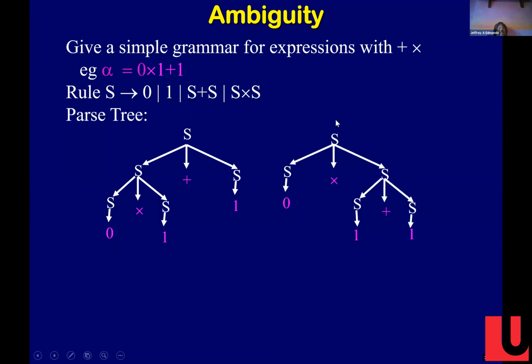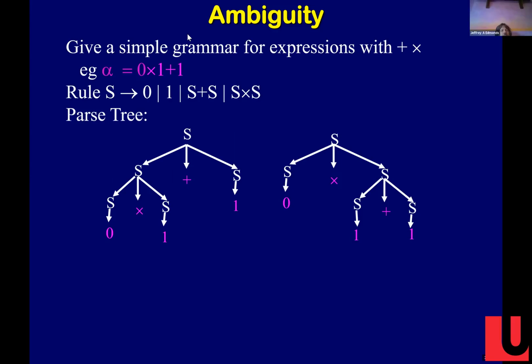But look, here's another parse tree for the same grammar, same string. We could first do the multiplication and then do the addition. So here are two parse trees parsing the same sentence, and we call that ambiguous because we don't know.